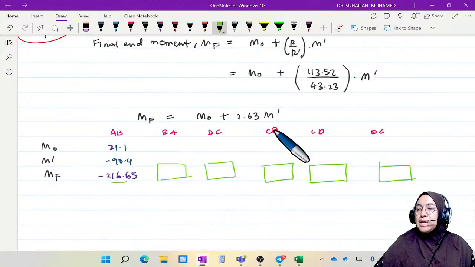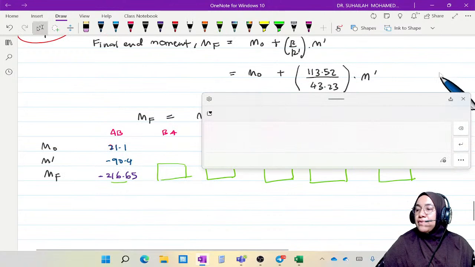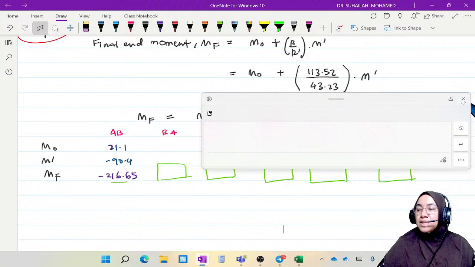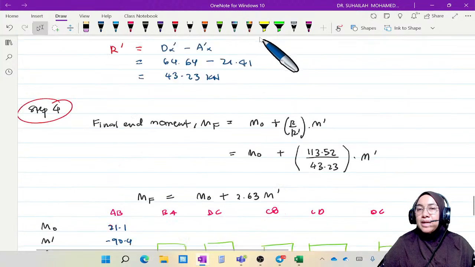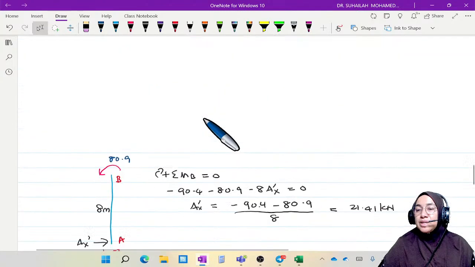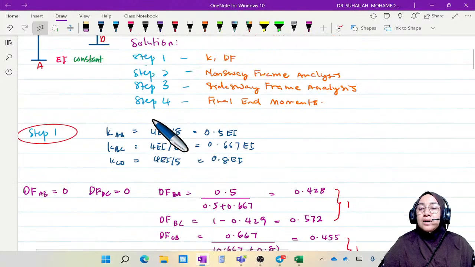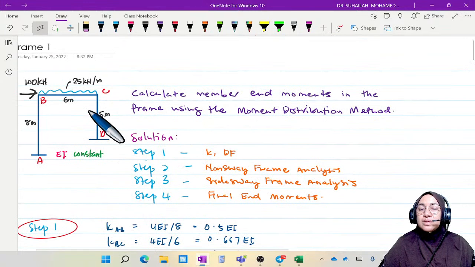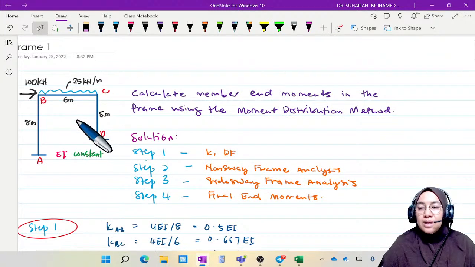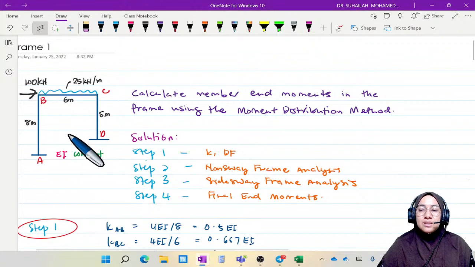In the question, the frame is subjected to external loading, where we can calculate the FEM due to external loading, and the frame is also unsymmetrical, so the frame tends to move to the right direction.